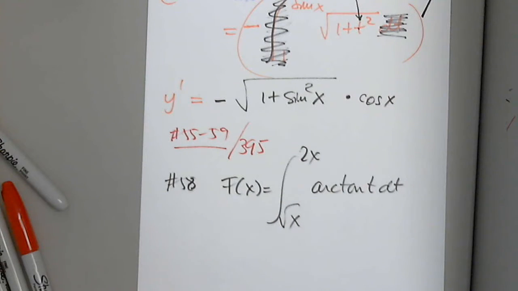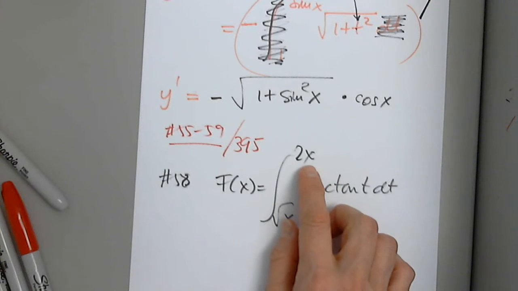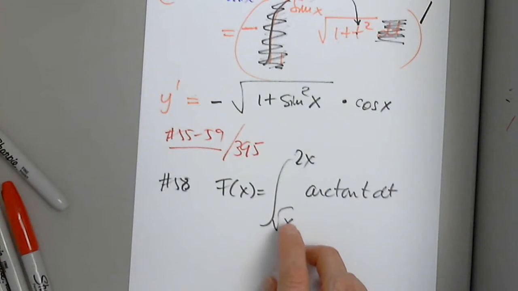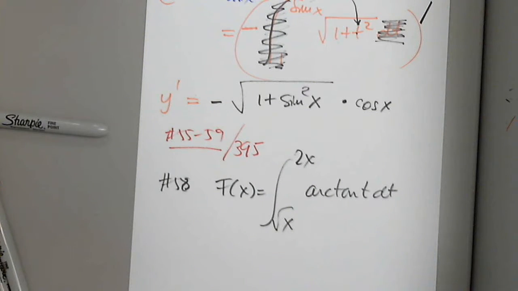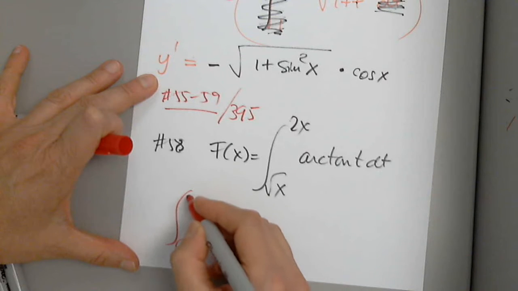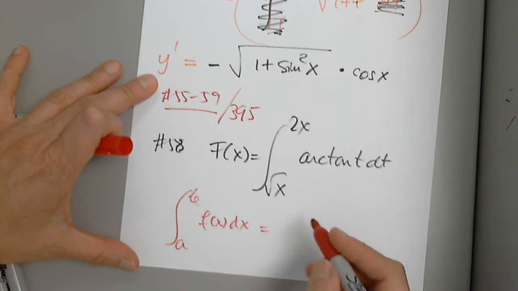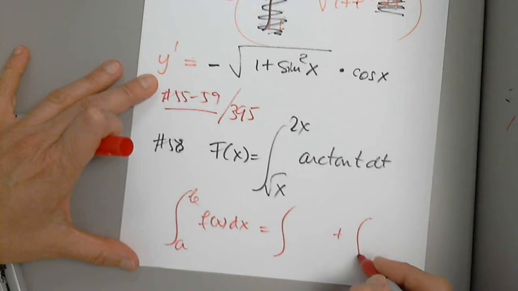And now I'm sure you notice two discrepancies. Number one, the lower limit is not a number. This is fine, but I have a problem with this. Let's refresh our memory on one of the properties. We said that the integral from a to b of f of x dx is the same as a sum of two integrals.